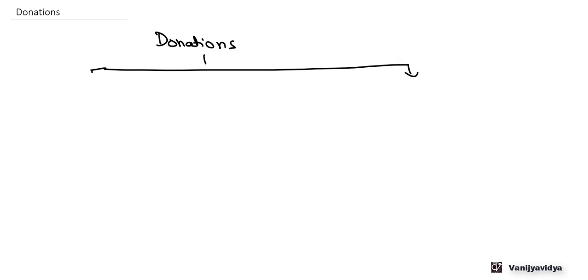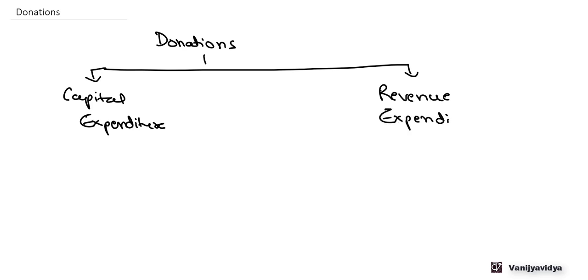Hello everyone. In this session, let us see what will be the accounting treatment for donations that are received by a non-profit organization. Donations can be received for meeting capital expenditure or revenue expenditure. When we say capital expenditure, it can also mean that they are received for specific purposes.